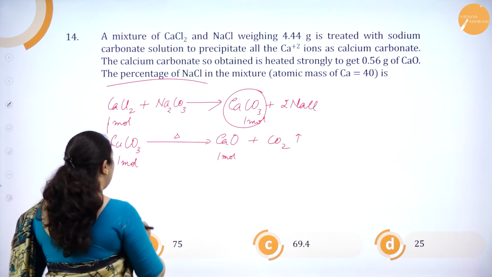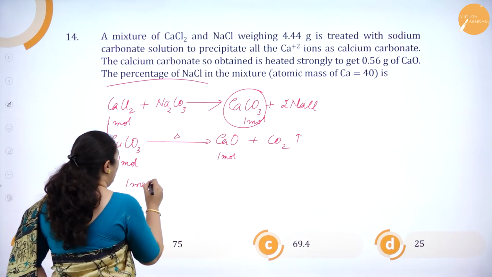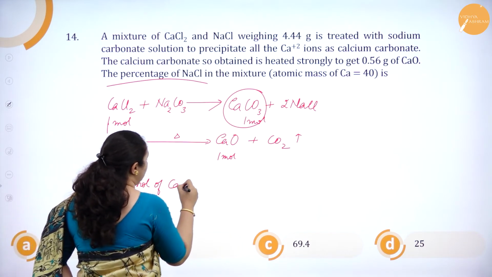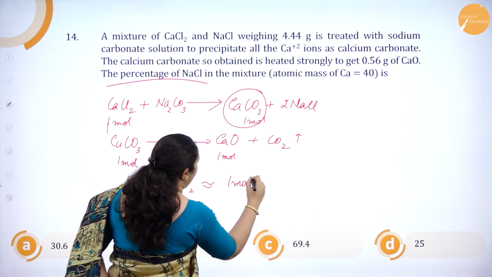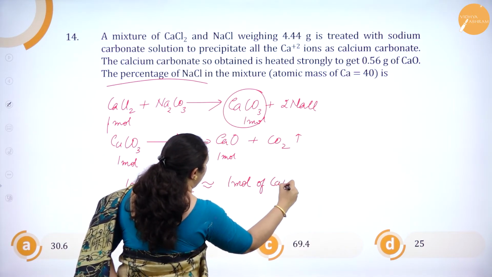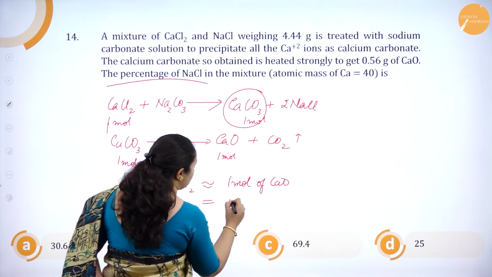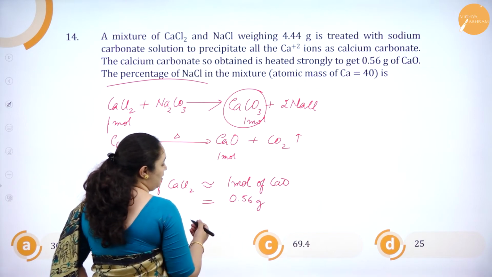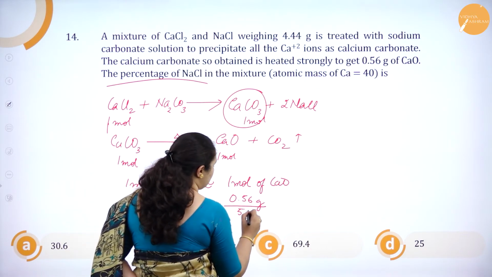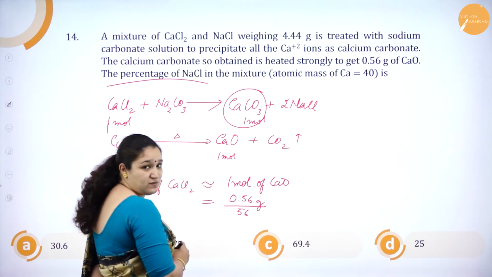How many grams of calcium oxide do I have? 0.56 grams. So 1 mole of calcium chloride will give me 1 mole of calcium oxide, and calcium oxide I have 0.56 grams. What is the number of moles? Mass by molecular mass. The molecular mass is 40 plus 16, which is 56.